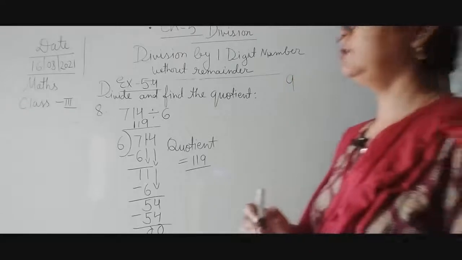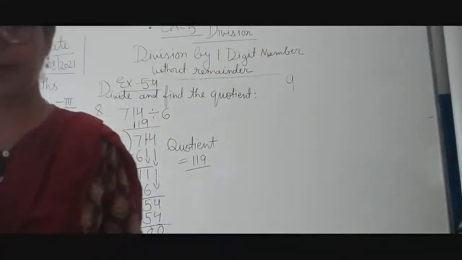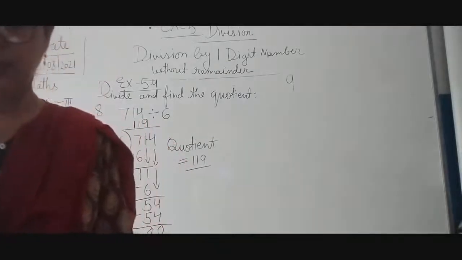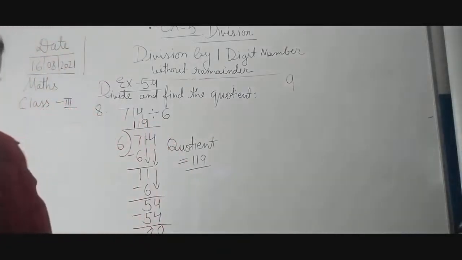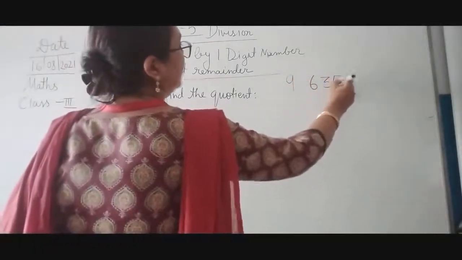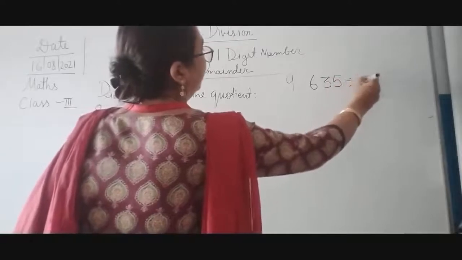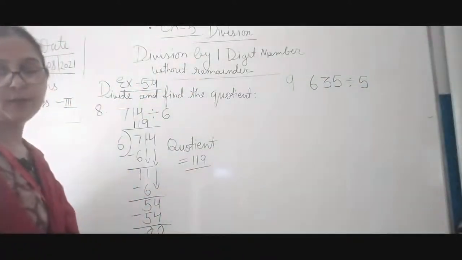So let's see which type of question is at number 9. So children, at number 9 you can see 635 divided by 5.